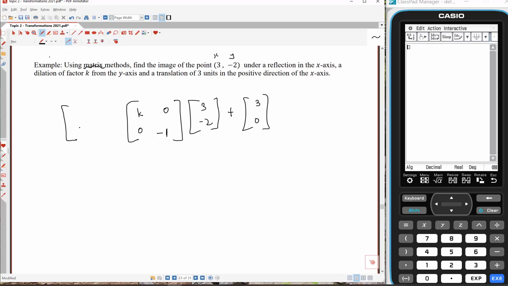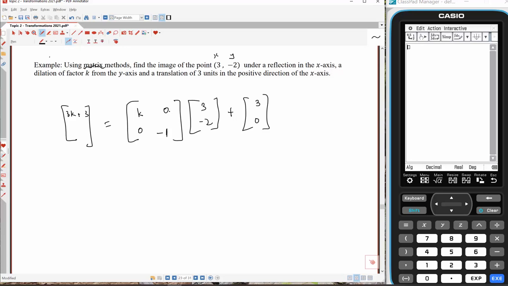Okay, and what that's going to give us when I multiply it out is our new values. So this value here is going to be 3k plus 3, so k multiplied by 3, plus 0 multiplied by negative 2, plus 3.